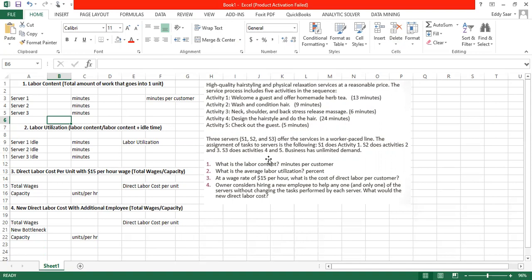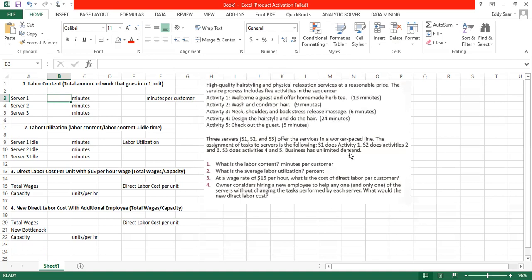The labor content is the total amount of work that goes into one unit. Theoretically, you just add all the tasks together. But how we're going to do it is calculate how much time each server works on the tasks per unit, because it's going to help us find additional information for the future of the problem.